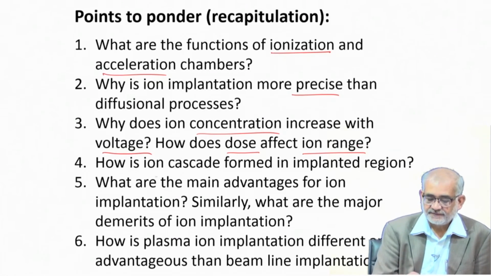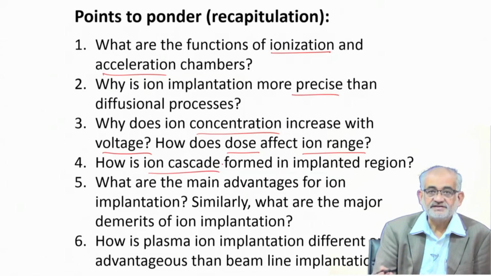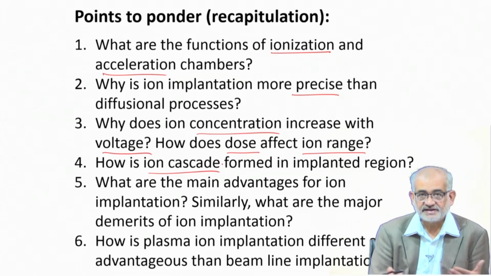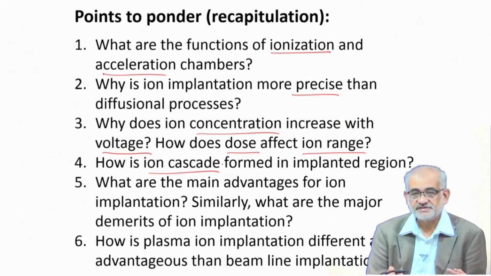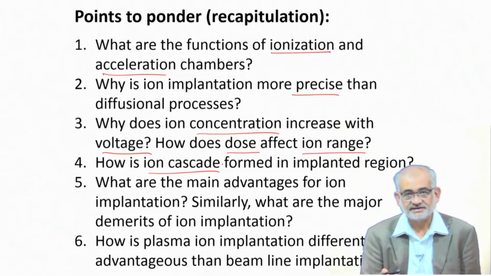The cascading effect is because of the multiple collision events that take place when a species with a certain finite size tries to penetrate into a lattice where the interatomic distances are actually smaller than the size of the ion itself.